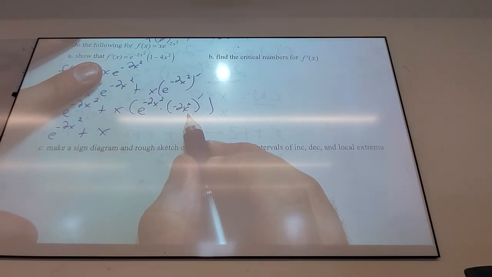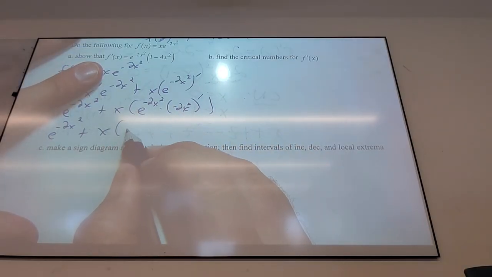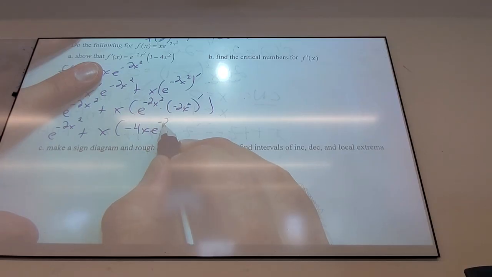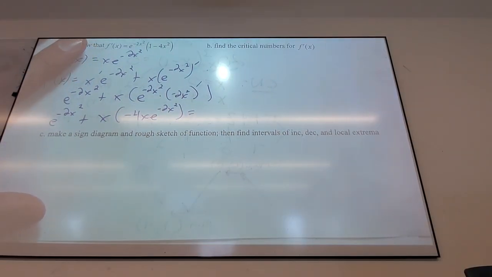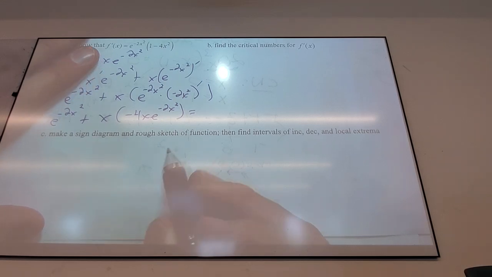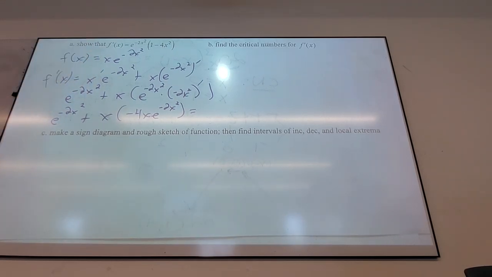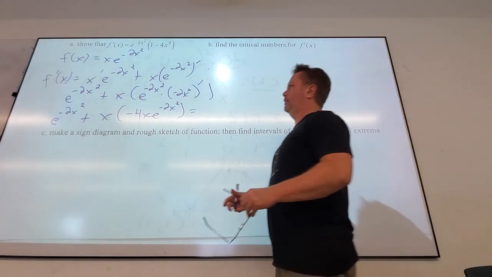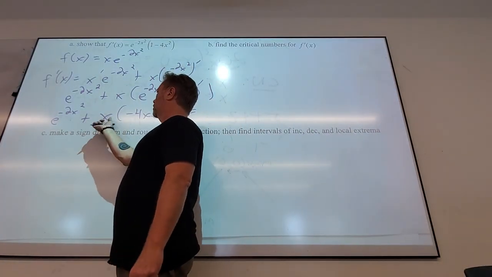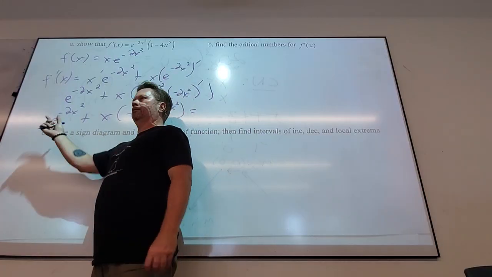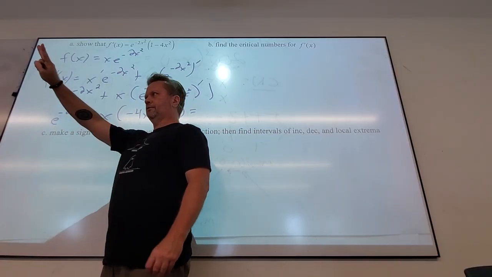What's the derivative of negative 2x squared? 4x. Let me see if we can handle this. How many terms are there in what I just wrote? 2. How do you know so quickly? Because terms are separated by pluses and minuses. This has got chunk plus chunk. 2 terms.